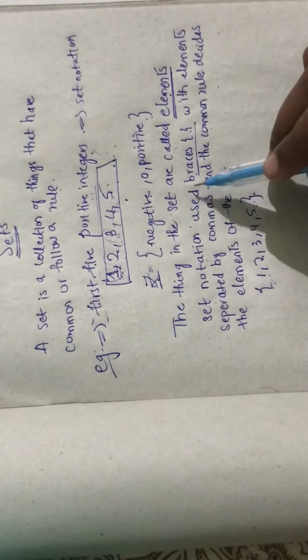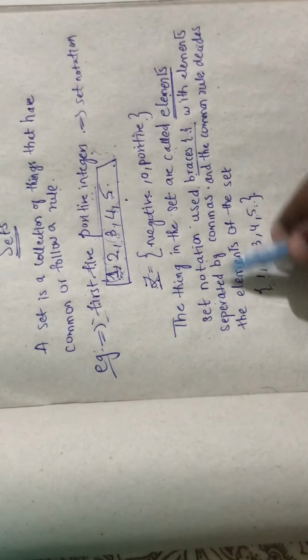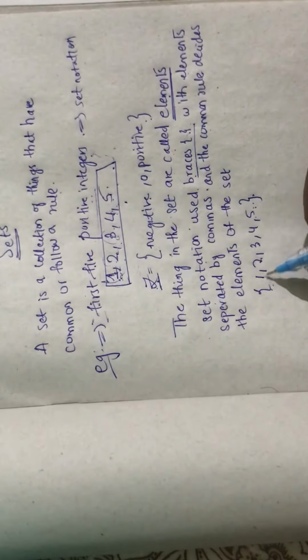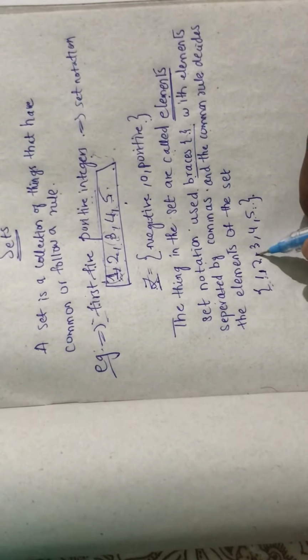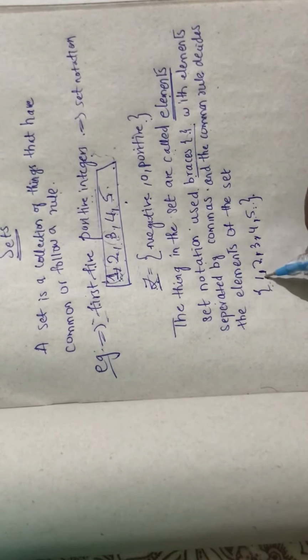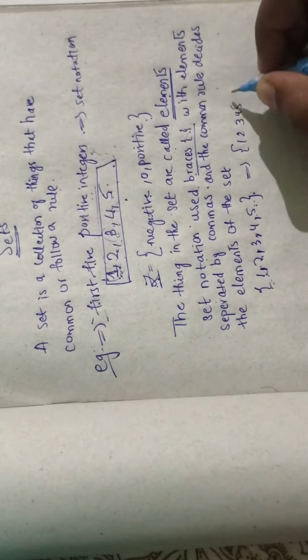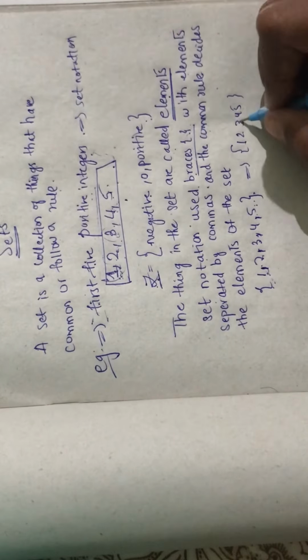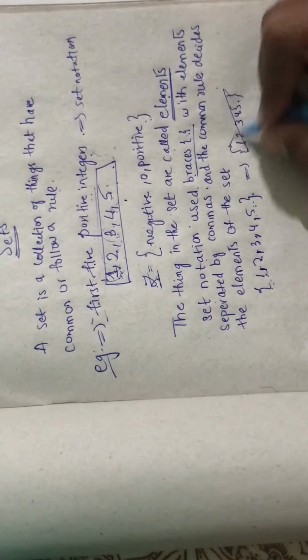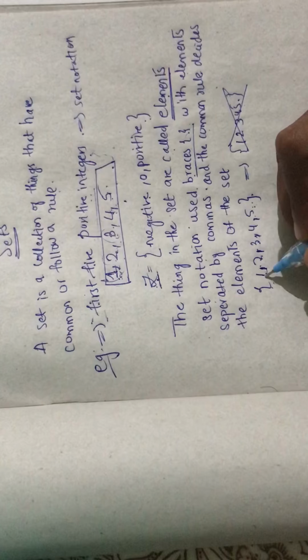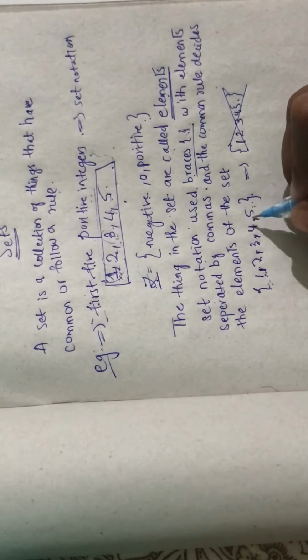So set notation uses braces with elements separated by commas. Here every element is separated by a comma. If we don't use the commas, it becomes 12,345, which is the wrong way to represent the set. So you have to separate the elements using commas.